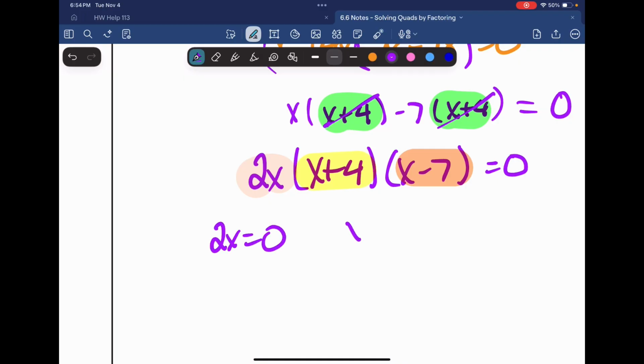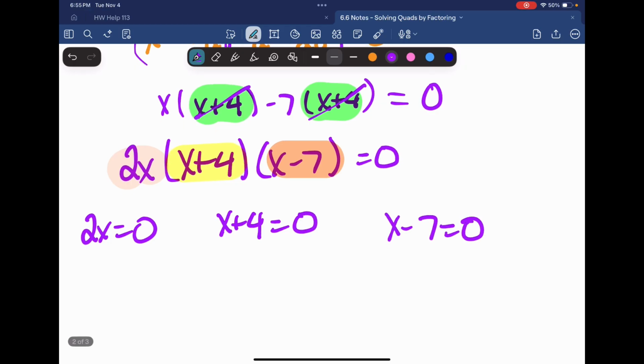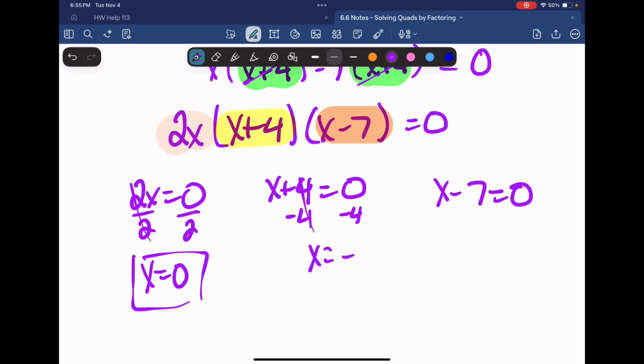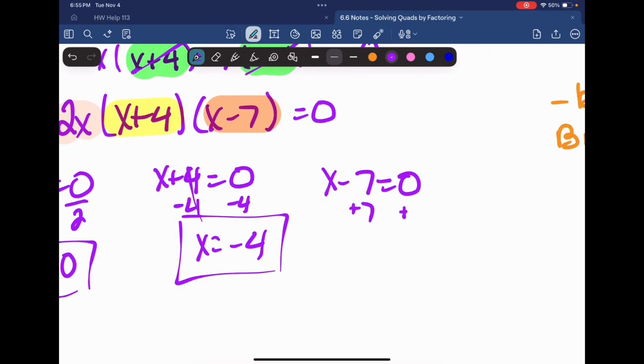X plus 4 has a variable. It has a solution. X minus 7 has a variable. It has a solution. So x equals 0. X equals negative 4. X equals 7.